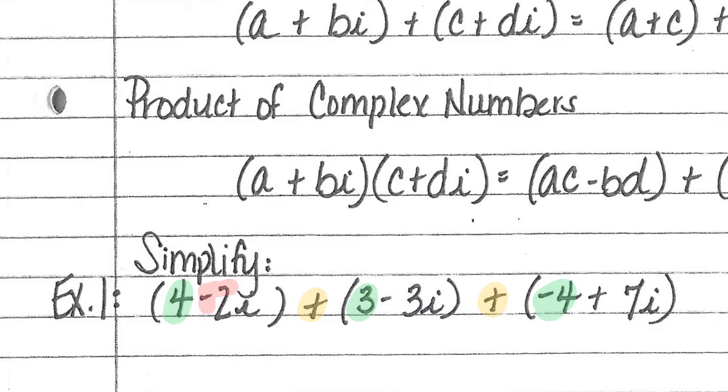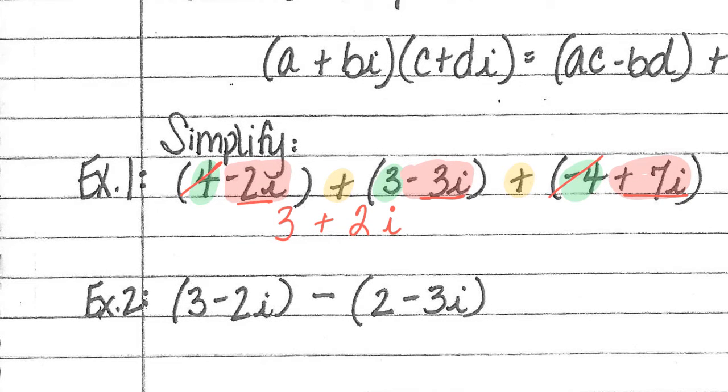Then I'm going to take all the imaginary numbers with the sign in front and add those. So when I add, 4 and negative 4 cancel out, so I just get the real number 3. Negative 2, negative 3 is negative 5i, plus 7 is 2i. So this complex number is 3 plus 2i.